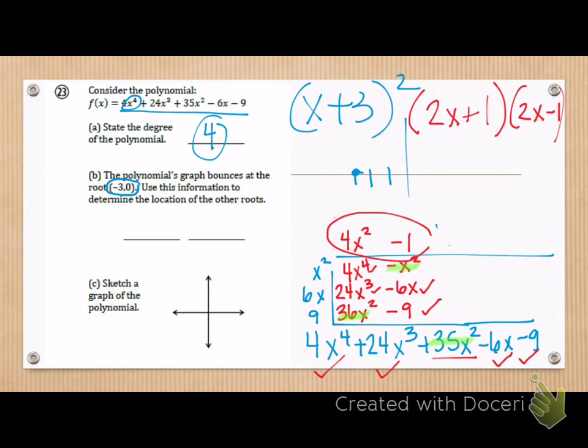I have now a go through at -1/2, and then I also have a go through at +1/2. So it starts up, goes through, and then has a bounce. So that's what I've got going on here. Like I said, I have a 1/2, and I also have a -1/2 as my other roots. And I already graphed it. I didn't even realize that I had to graph it, and I did. So look at me. Yay!